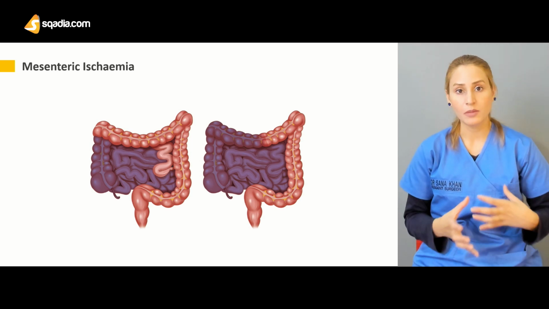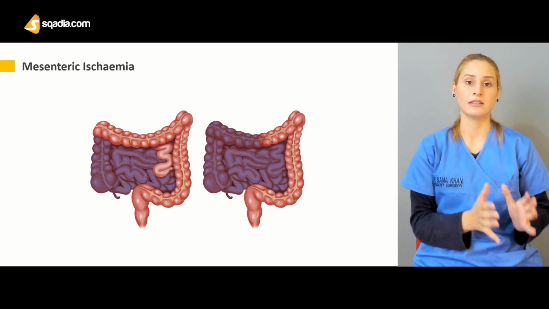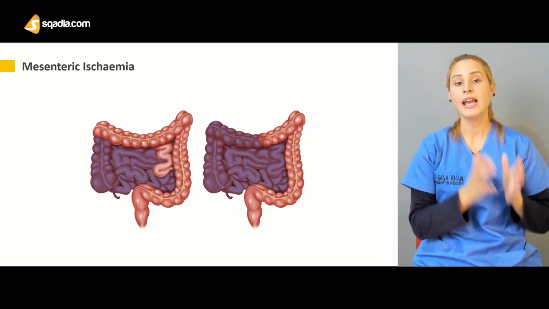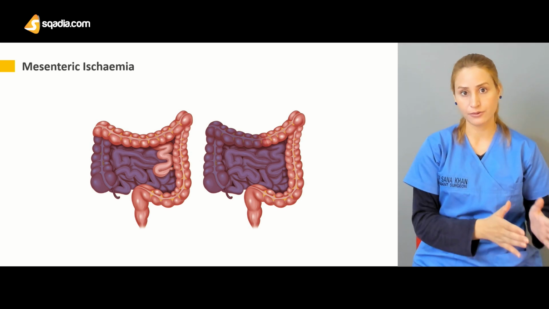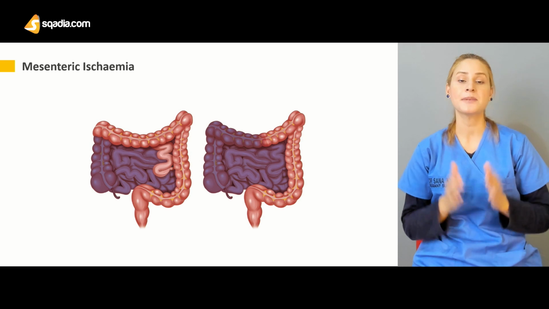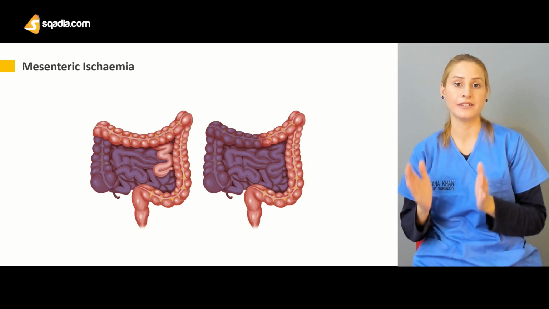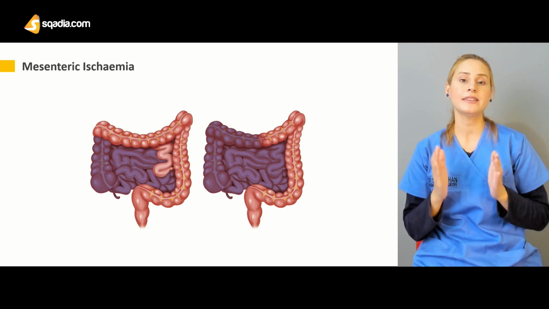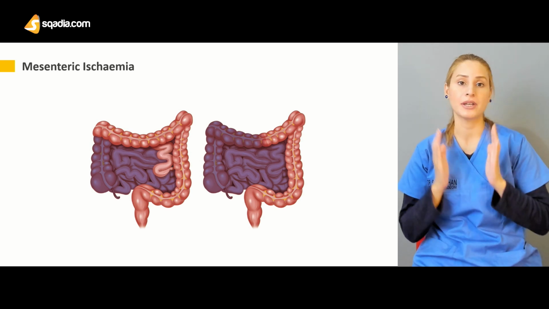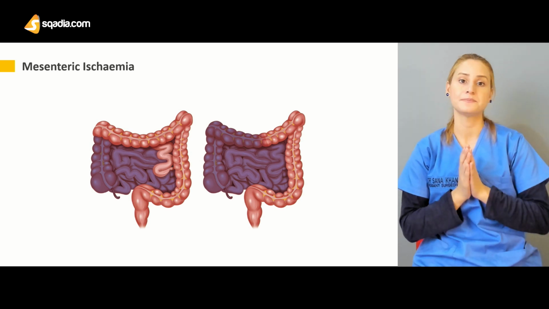So any occlusion of the superior mesenteric artery, either thrombotic or embolic, will result in a compromise in the perfusion of the midgut.